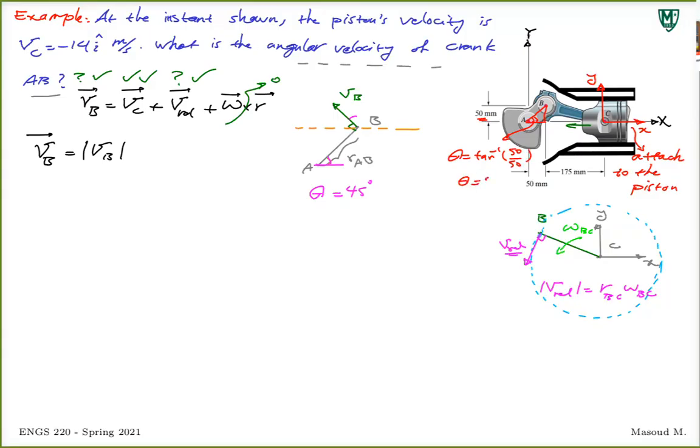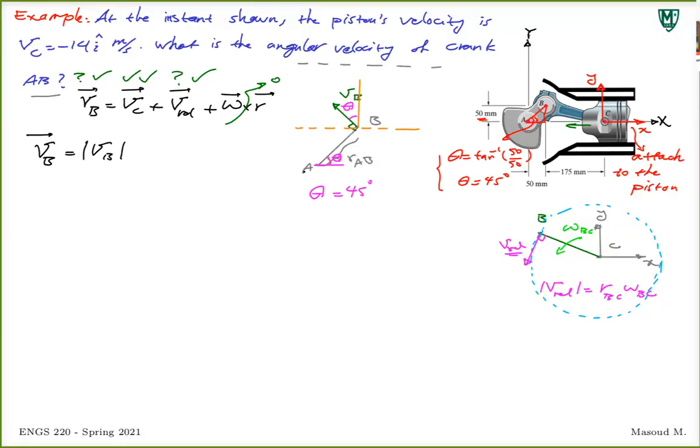So theta becomes 45 degrees. Let me draw this line vertically. This is the angle, right? So this is theta, this is theta.